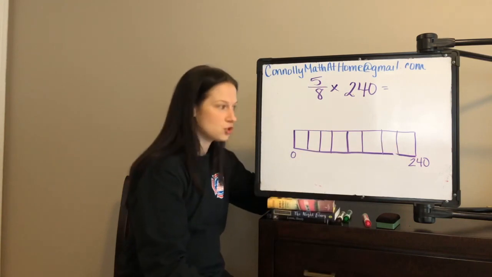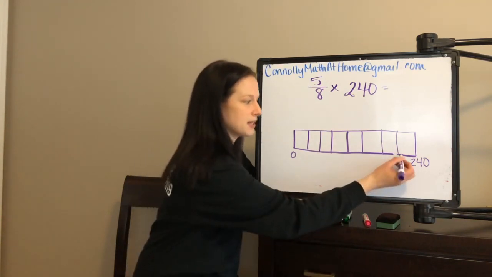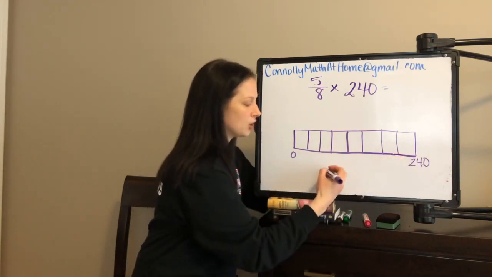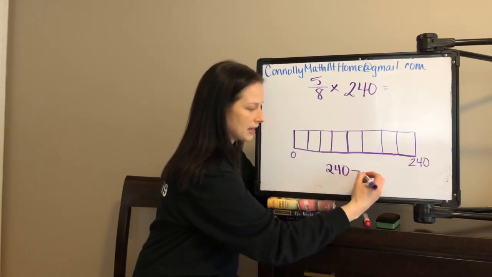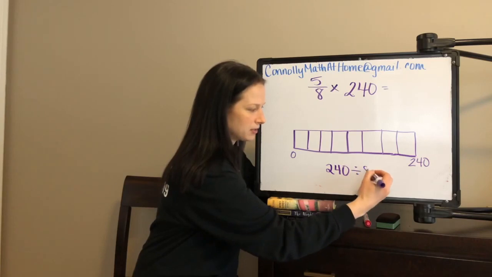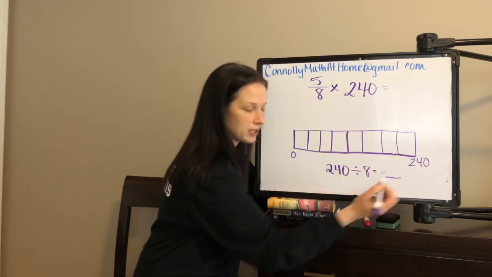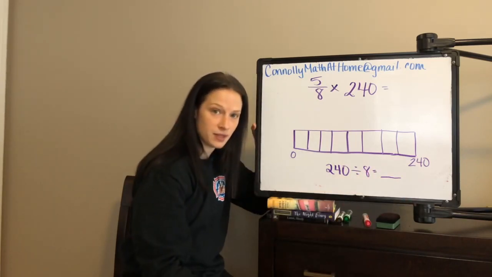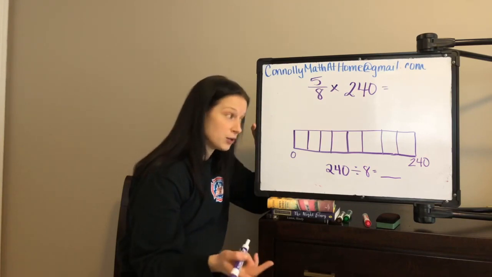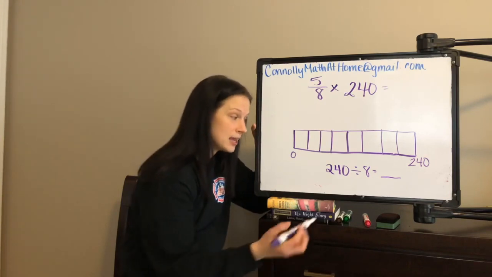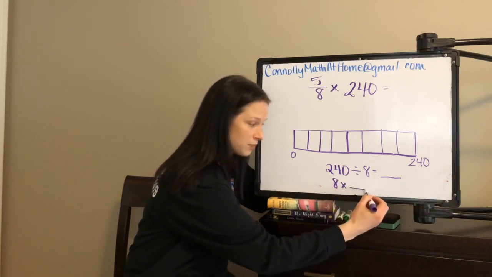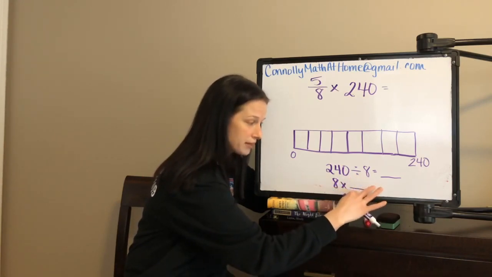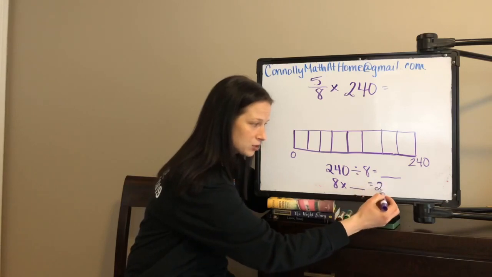All right. So I'm thinking to myself, if I have 240 miles and I split it into 8 equal parts, how much will each part equal? Or another way that we can think about it is if I have 8 parts, how much is each part worth? 8 groups of what will make 240?